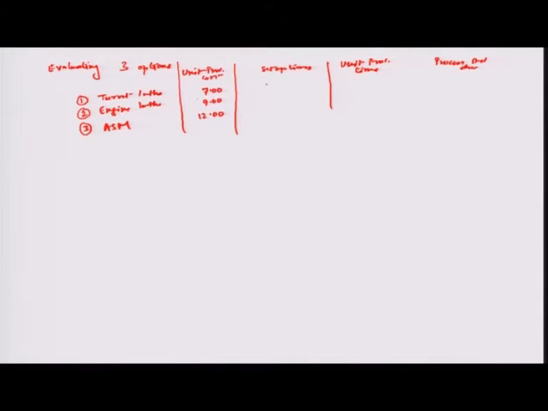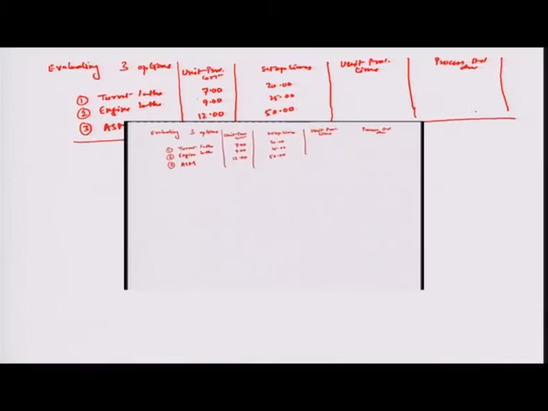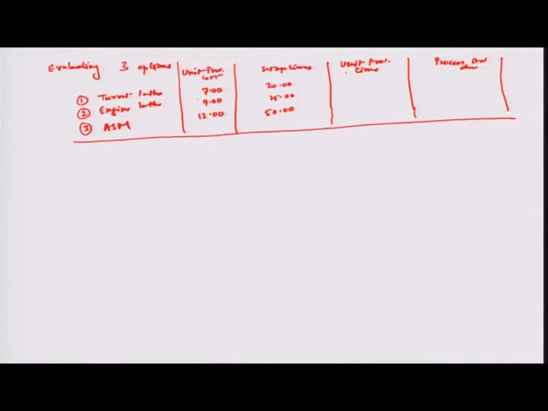Different setup times, which were 20 minutes for option 1, 25 minutes for option 2 and 50 minutes for option 3 respectively. The unit processing time, that is processing time per unit, for the turret lathe was reported to be about 1 minute per unit, 0.8 minutes for the engine lathe, and 0.70 minutes in the ASM, the automatic screw cutting machine.